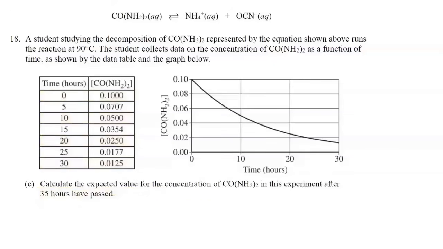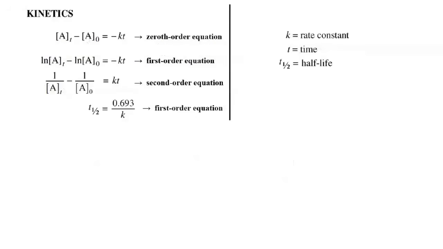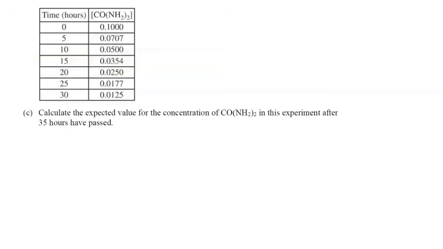Calculate the expected value for the concentration of the reactant in this experiment after 35 hours have passed. Now we know it's first order kinetics, so we can use the appropriate equation from the equation sheet for first order. That's the natural log equation. We're trying to figure out the concentration of the reactant after 35 hours have passed.